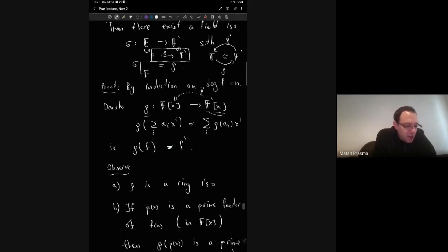And we are guaranteed that rho minus 1 is also a ring homomorphism.